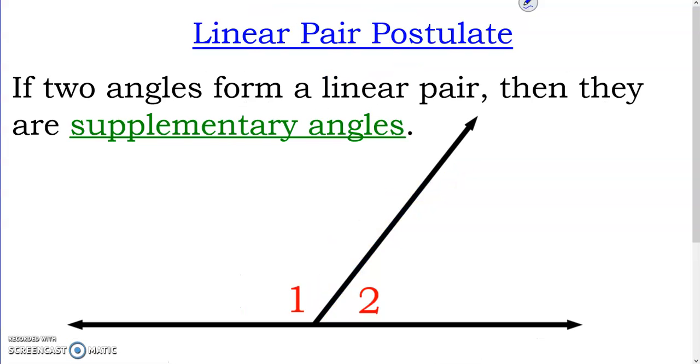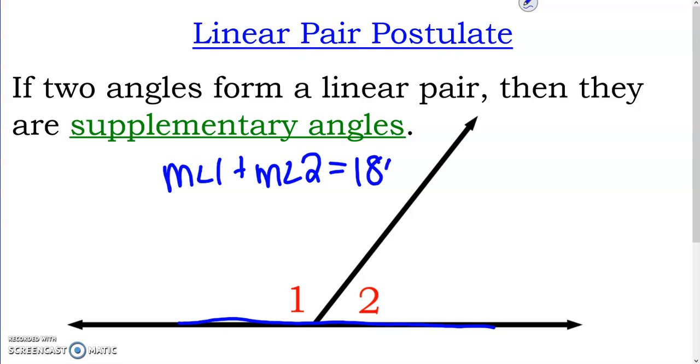And we know that linear pairs add up to 180 degrees because they make a straight line, and there's 180 degrees in a straight line. So if two angles form a linear pair, then they are considered supplementary angles, which means they add up to 180 degrees. So we know that the measure of angle 1 plus the measure of angle 2 equals 180 degrees.